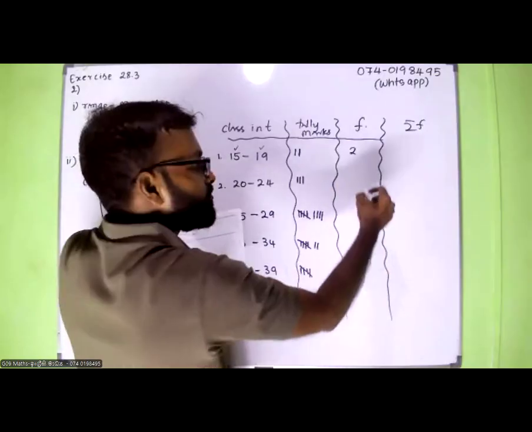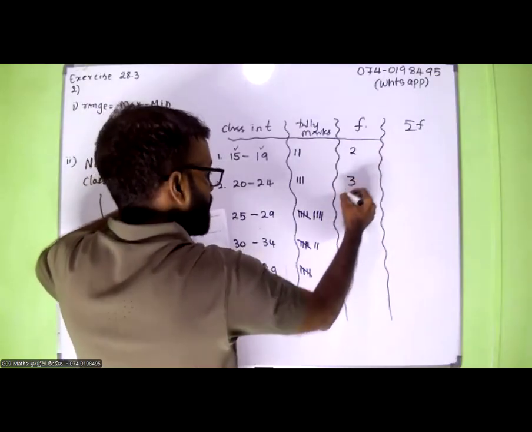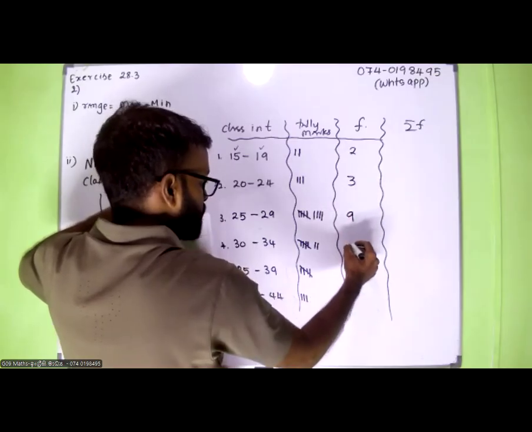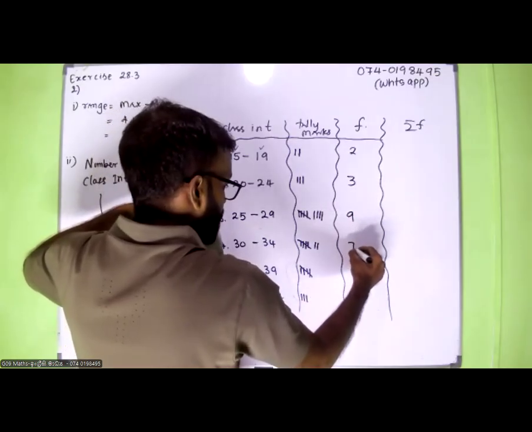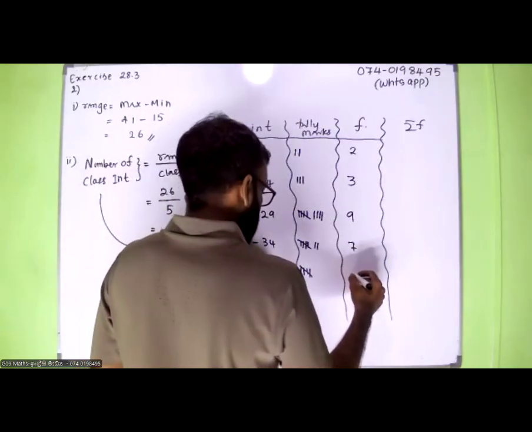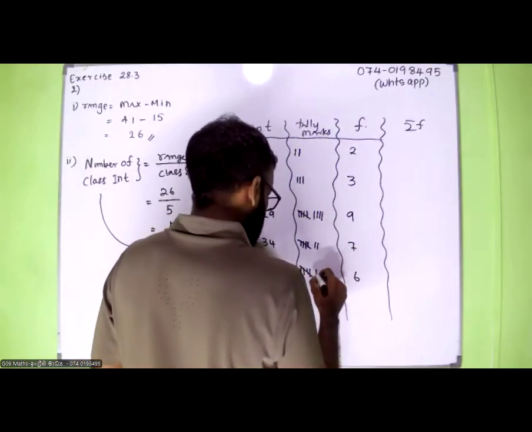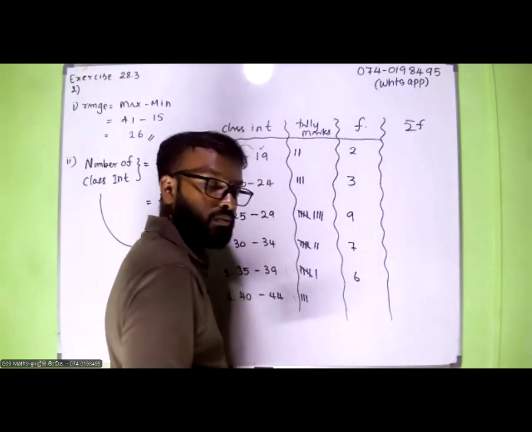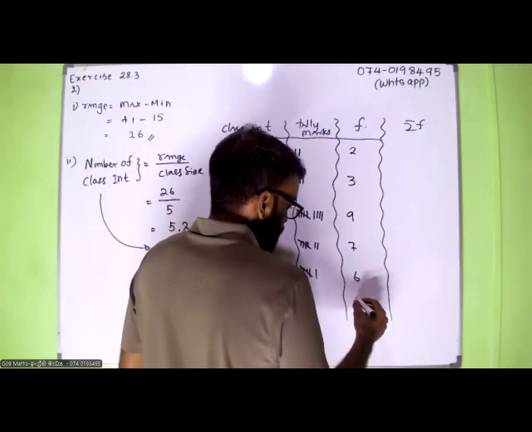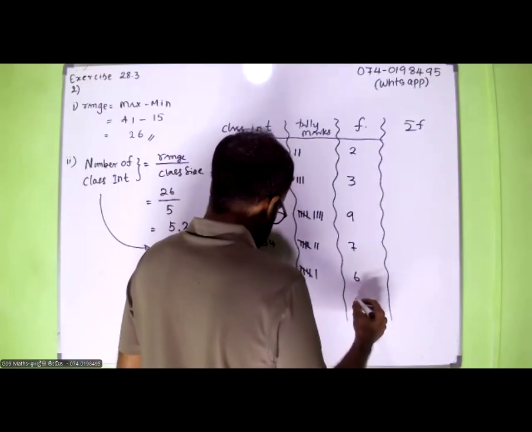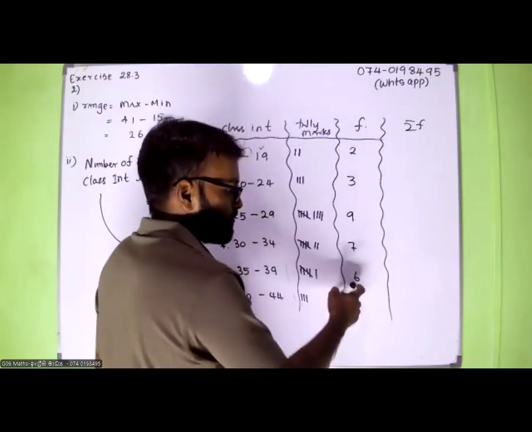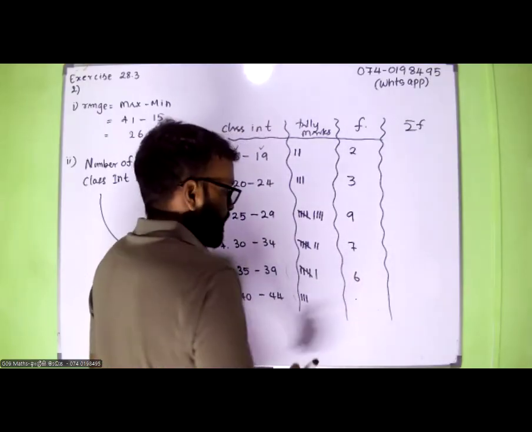Then 9. Okay, then 7. Then 6. I have missed something. 40 to 44. 35 to 39, 6. Yes, sir. Right.